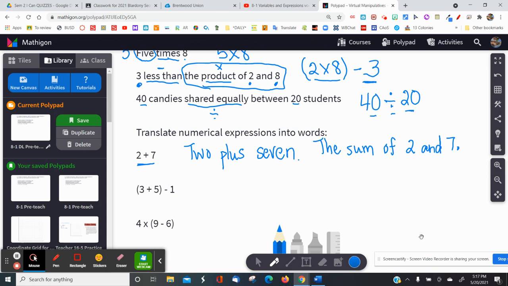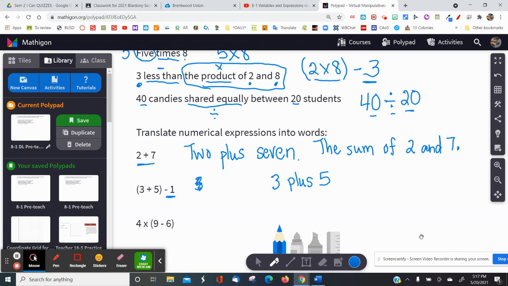Okay, now we're going to write out this next numerical expression in sentence form. 3 plus 5 I can do, but I'm going to look at my notes and I see the word and. I'm going to use plus. Actually, I have to change this because I see the minus 1, so I'm going to move this over here. So 3 plus 5.